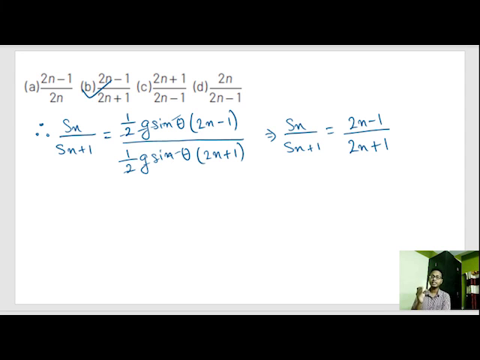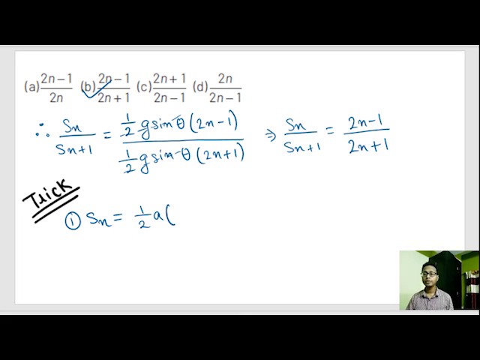So whenever initial displacement is not equal to 0, remember these two formulas. Sn is the displacement for the nth second, which is equal to u plus half a into 2n minus 1. This is the distance traveled in the nth second.